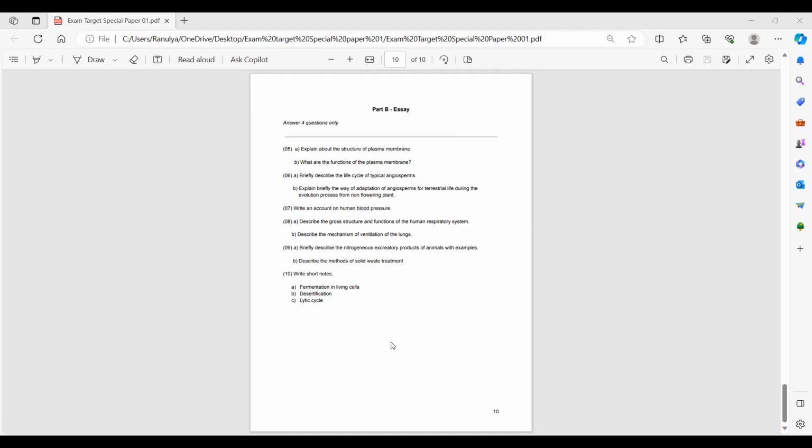What are the functions of the plasma membrane? Number 1. The plasma membrane surrounds the cytoplasm of living cells, physically separating the intracellular components from the extracellular environment. Number 2.